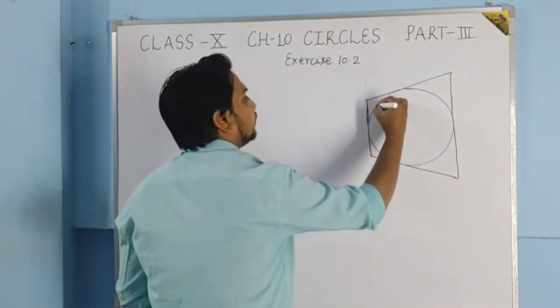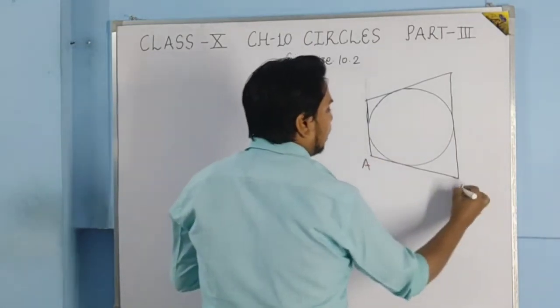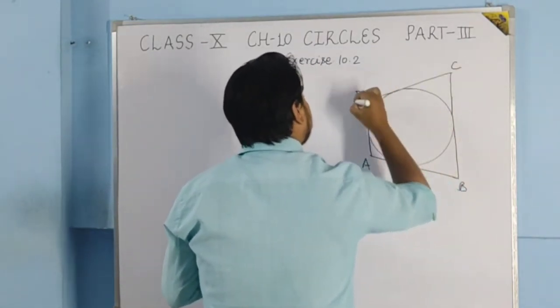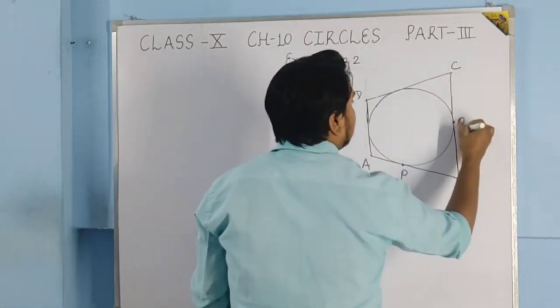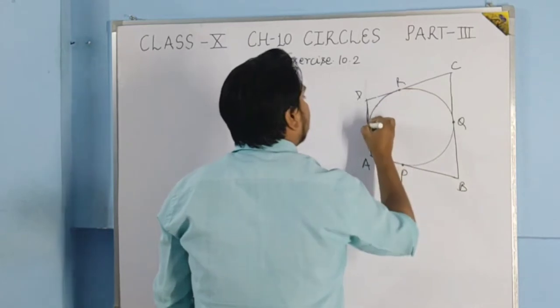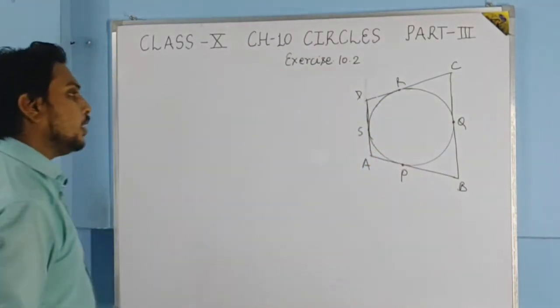The figure is given, and the name of the quadrilateral is ABCD, and here the points of contact are P, Q, R and S.